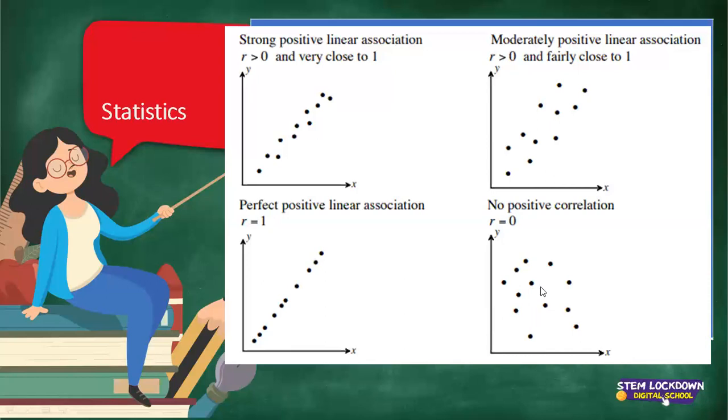There is no correlation. There is no correlation between the X and Y variable. Whatever variable you have on your x-axis, there is no correlation with that on the y-axis. So if x increases, it does not mean that y will increase.